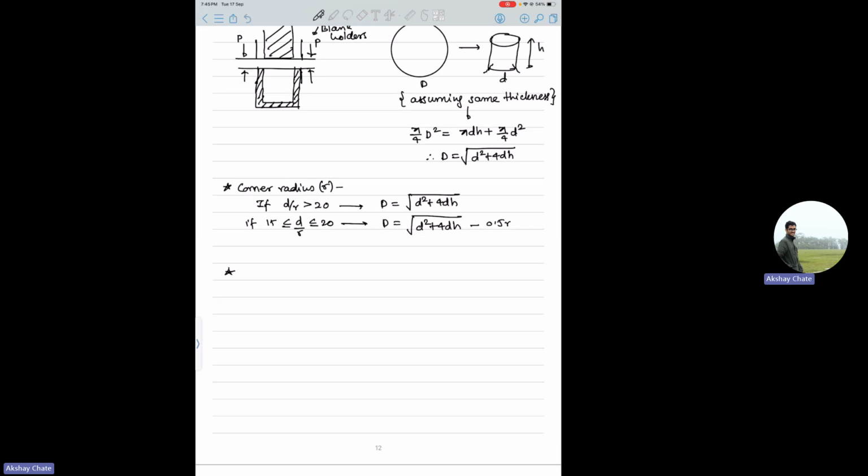Then drawing is divided into two parts: shallow drawing and deep drawing.